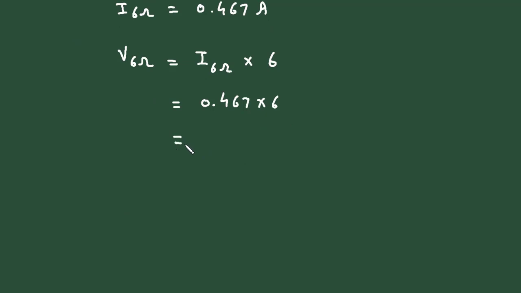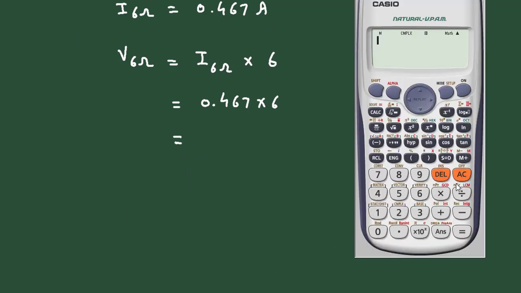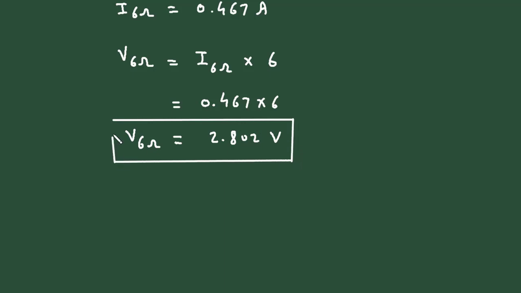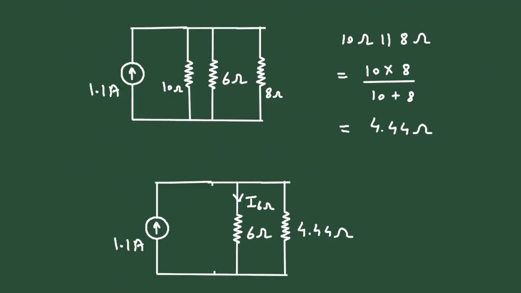If we solve this, we get 2.802. And since it is a voltage, its unit will be volt. So this is the value of V6 ohm. So this is the answer by using the source transformation technique.